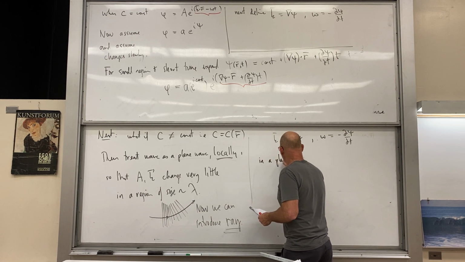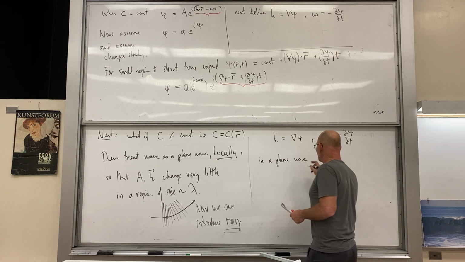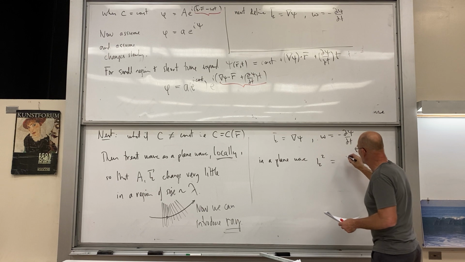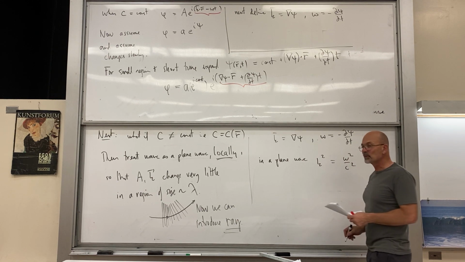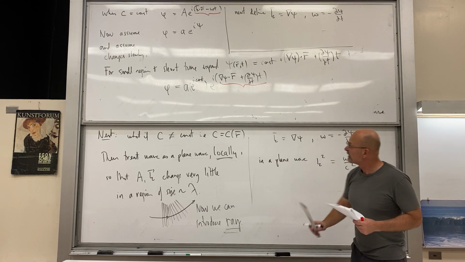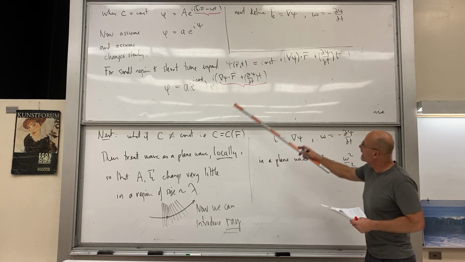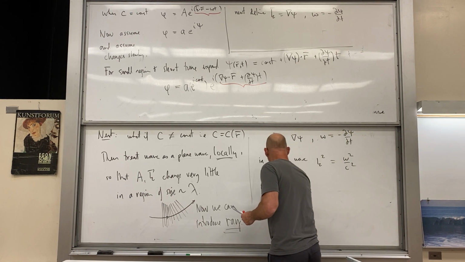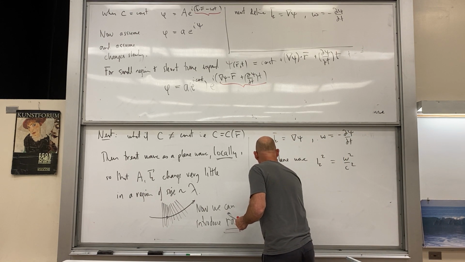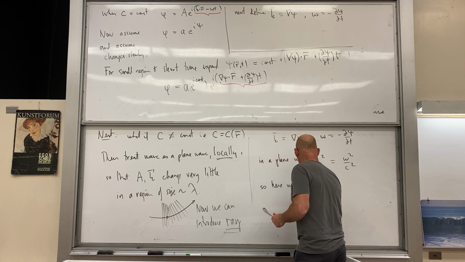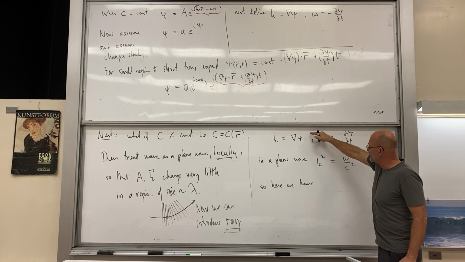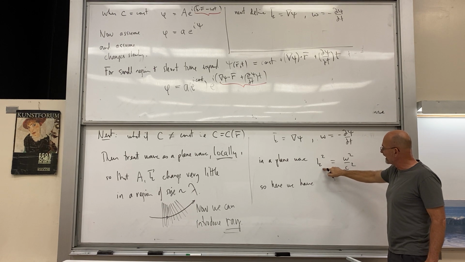What do we know about a plane wave? In a plane wave, we have K squared equals omega squared over C squared. So since this is just like a plane wave really locally, but now these are functions of position, we can just go into this expression. So here we have ∂C/∂x, y, and z, that's the K squared.